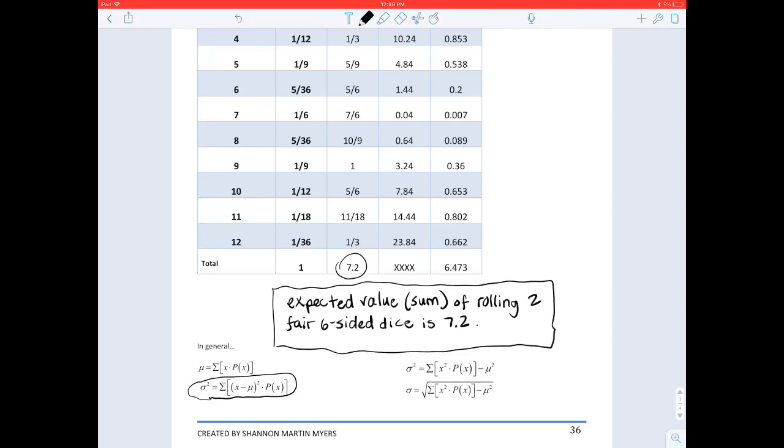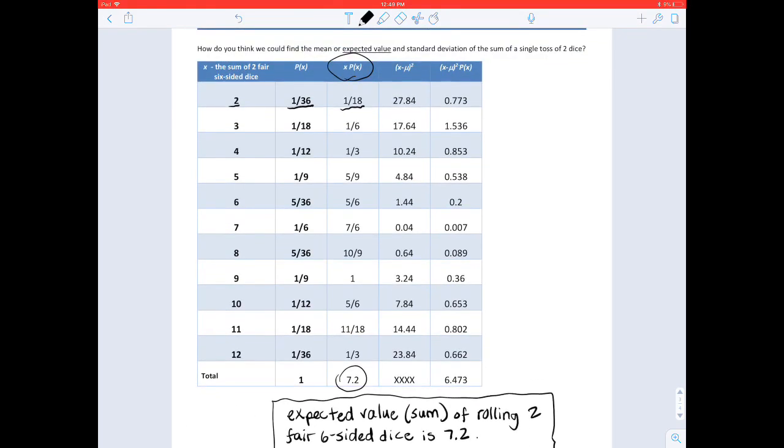I think it makes more sense to do it this way because then you can actually see you're subtracting the x value from the mean roll and squaring it, so you're figuring out how far each individual roll is from the mean, and then you're multiplying it by its associated probability, and then you add them all up.